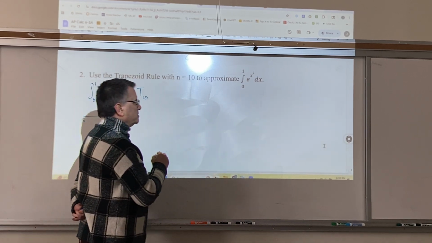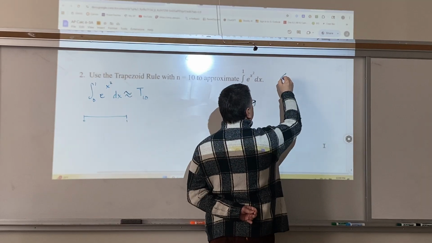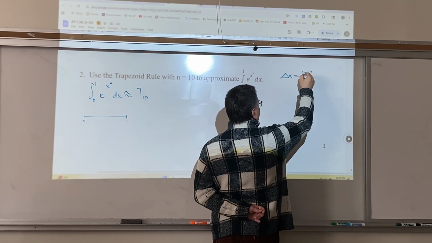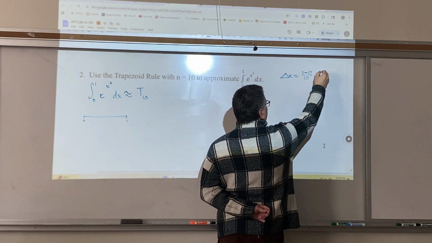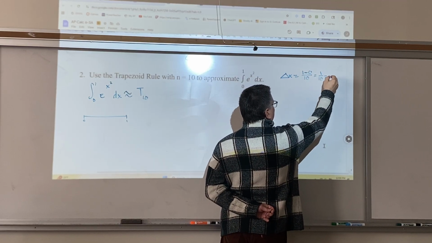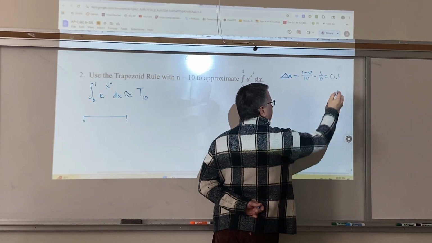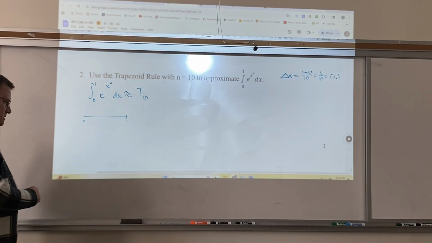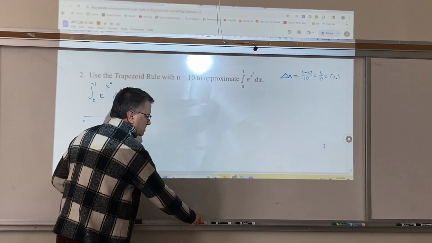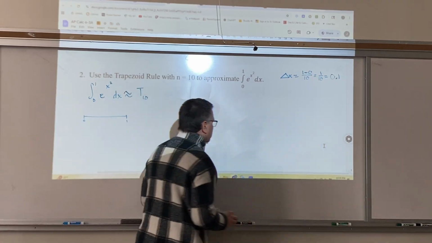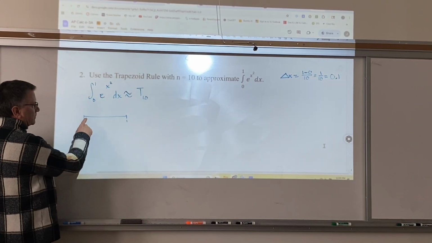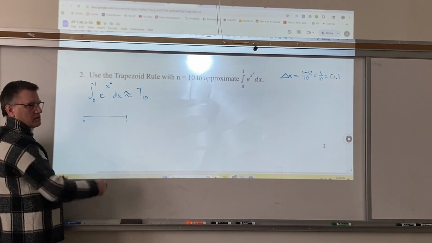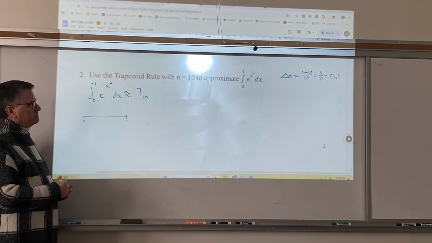So I know my change of x is going to equal 1 minus 0 over 10, or 1/10, or 0.1. So I'm going to be 0.1, 0.2, 0.3, 0.4, 0.5, 0.6, all the way up to 1, right?